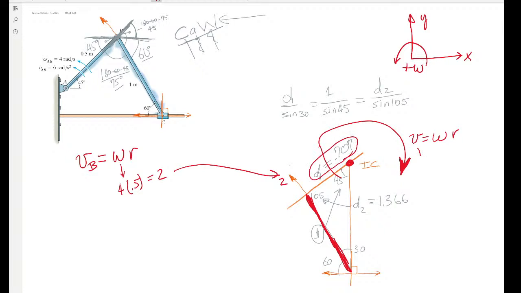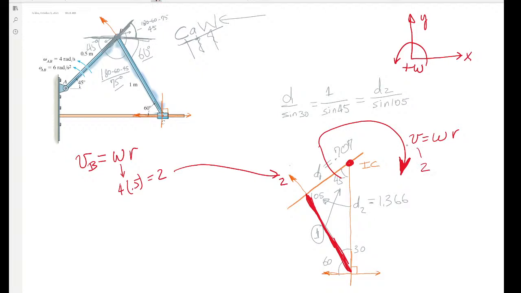So I get a 2, because that's this velocity. Okay, so let's try that again.